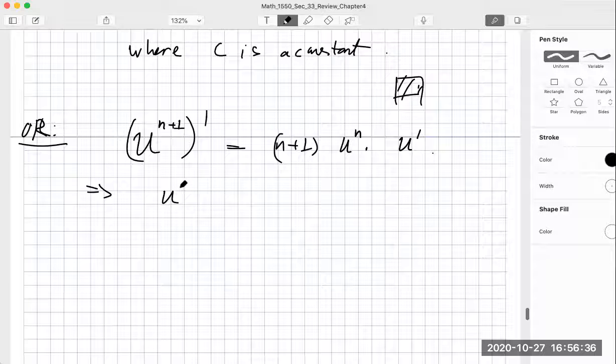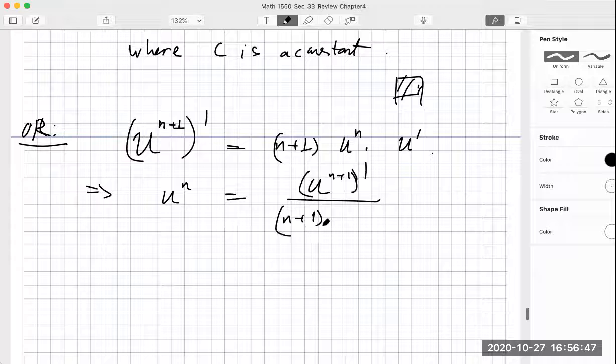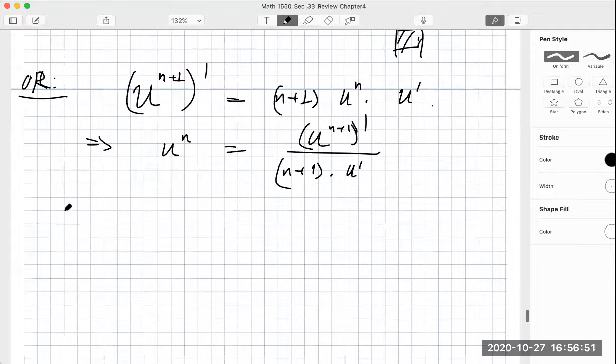Therefore, the antiderivative of u to the n will be u to the n plus 1 divided by n plus 1, times u prime here. From this, our problem is the antiderivative of square root of 2x, right?